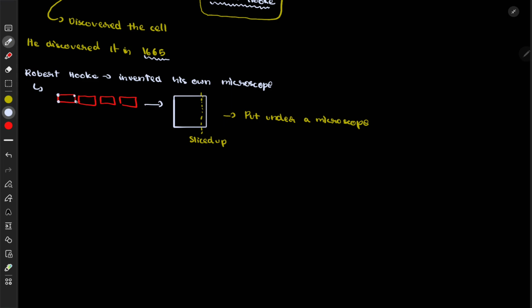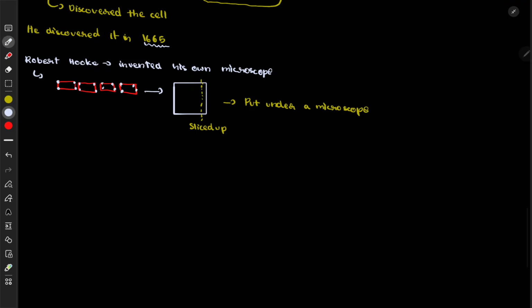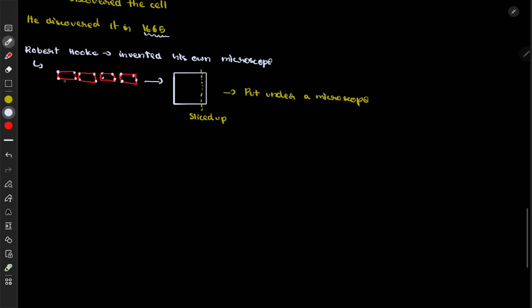He observed many holes, but here we are talking about something at a microscopic level, and they are called compartments.